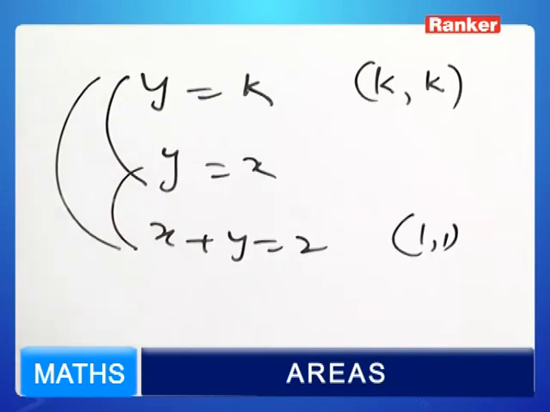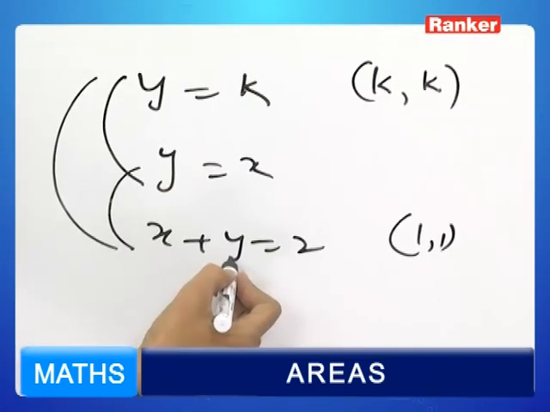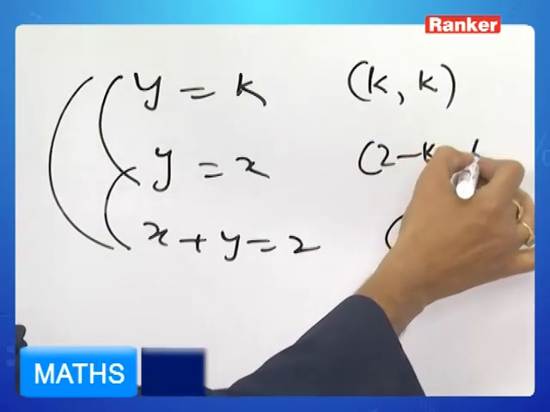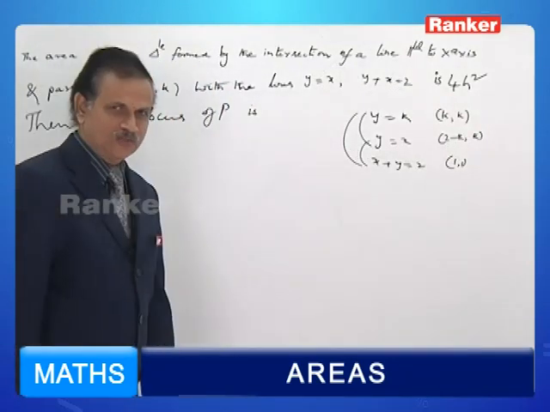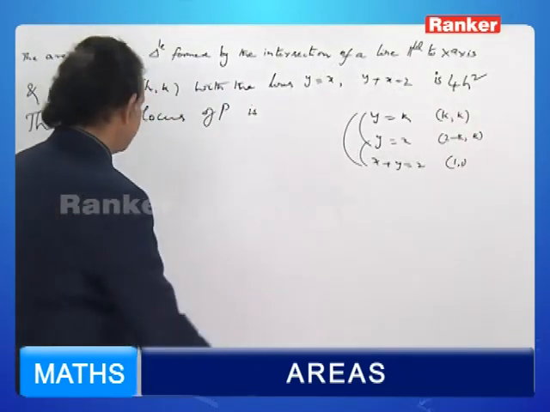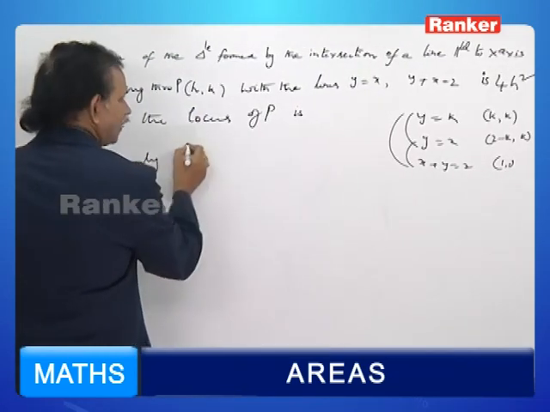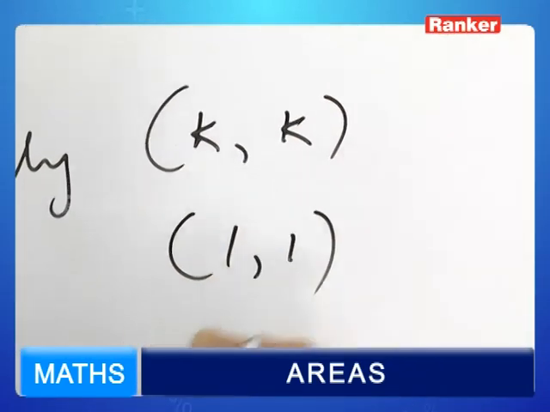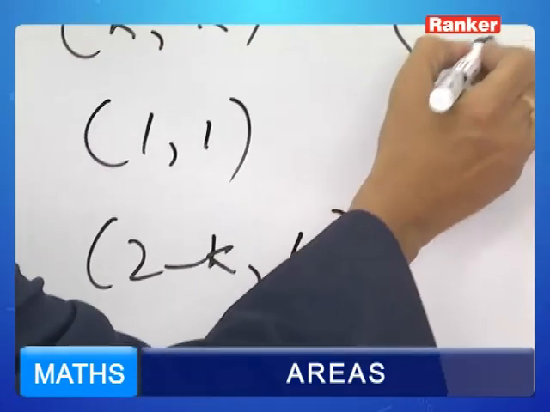And these two meet at, if you place y as k, then x is equal to 2 minus k, at (2 minus k, k). Those are the vertices of the triangle, isn't it? Clearly, (k, k), (1, 1), (2 minus k, k) are the vertices.